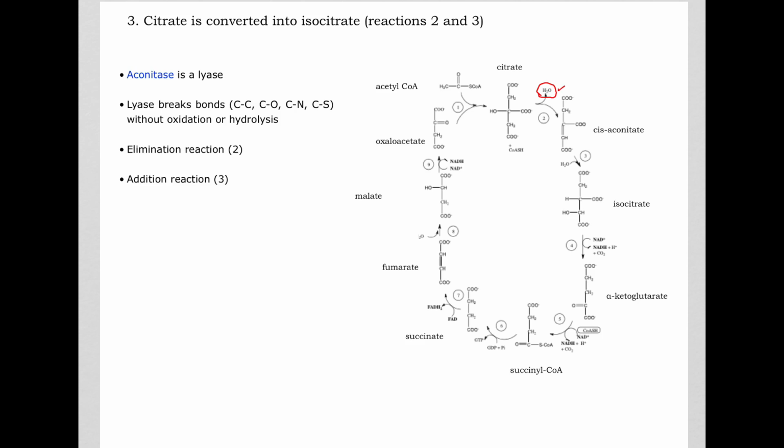Water is removed, a double bond is formed, and then in the second part, water is added. There's an addition reaction, and we get isocitrate. So this OH group of citric acid has moved from this carbon to this carbon in isocitrate.